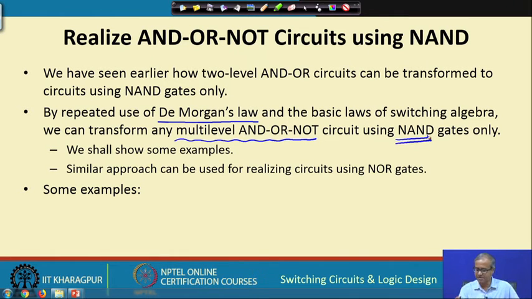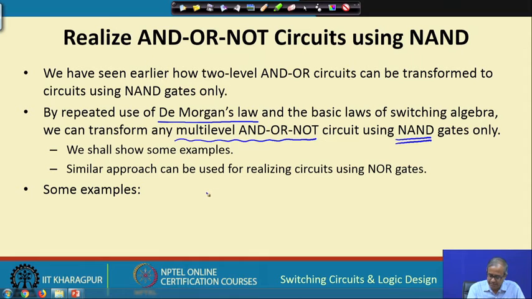I shall be illustrating with some examples. Similarly we can do it for NOR gates only, but I am not giving those examples, you can try them out yourselves. But the examples I will be giving are, given any arbitrary circuit, how I can convert it into NAND gates. It can be multi-level, not necessarily 2 level, but some basic rules are followed here.